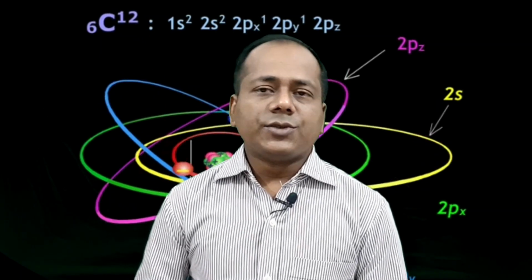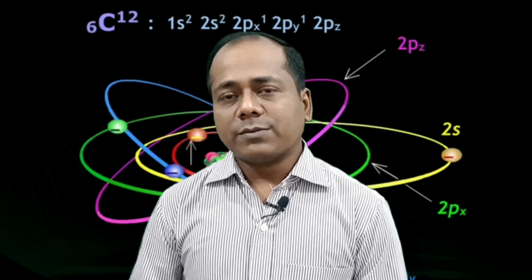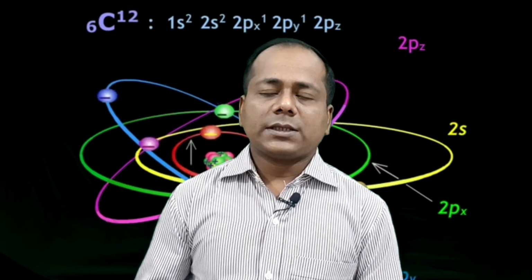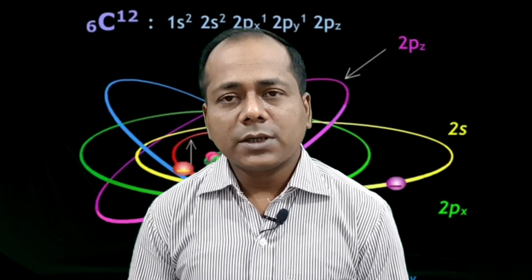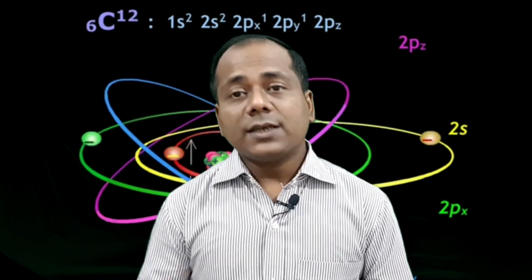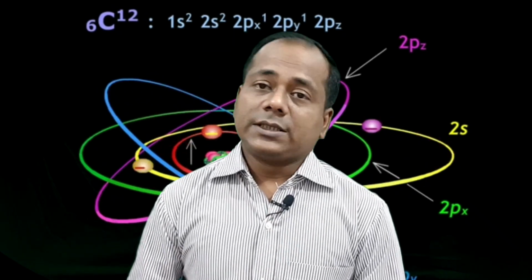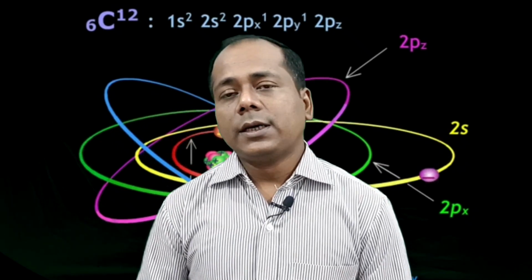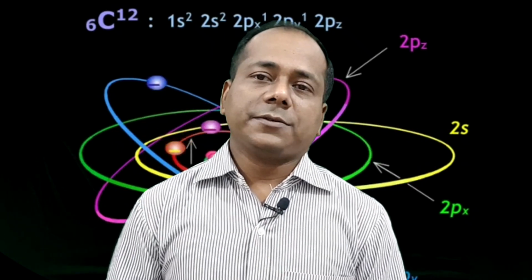We know that there are four types of quantum numbers. First one, principal quantum number. Second, azimuthal quantum number or subsidiary quantum number or secondary quantum number. Third one is magnetic quantum number, and the last one, that means fourth one, is spin quantum number.